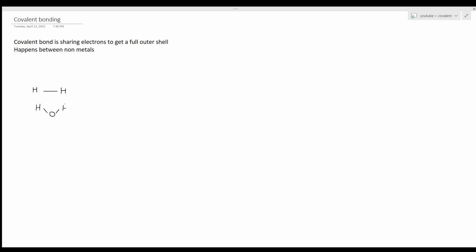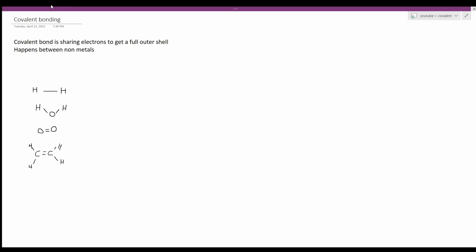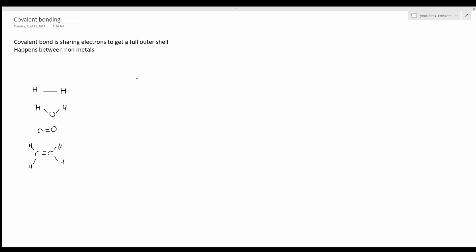You may have even seen something like this, which has a double bond in it, or something a bit more complicated, especially if you've done the organic chemistry topic, would look like this. Each line is a covalent bond, and each line represents a shared pair of electrons. That means 2 electrons.